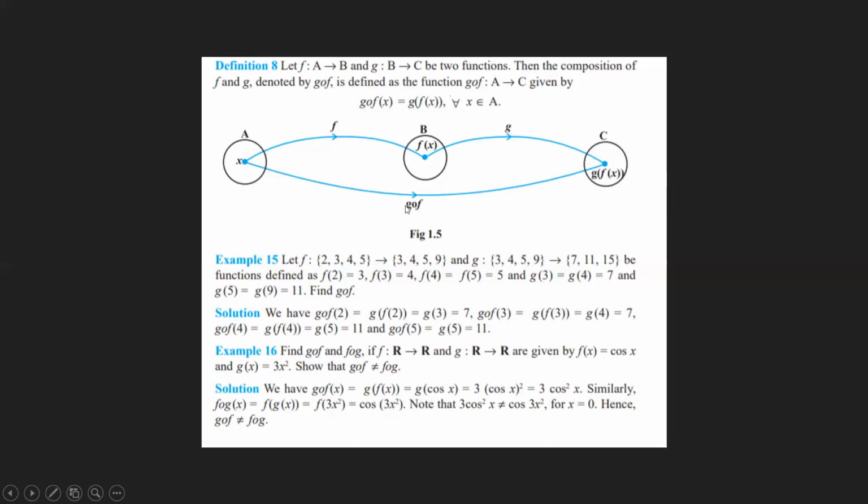If I had to find G of f, it will be from A to C. Right? Let's see a question.